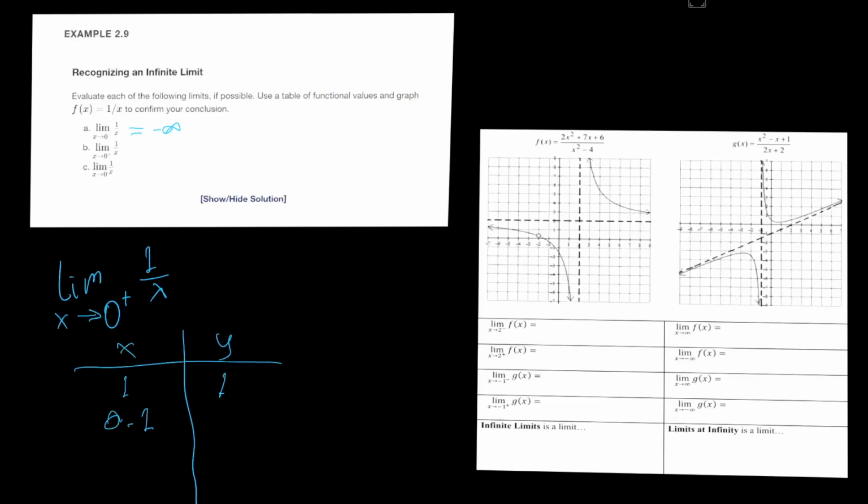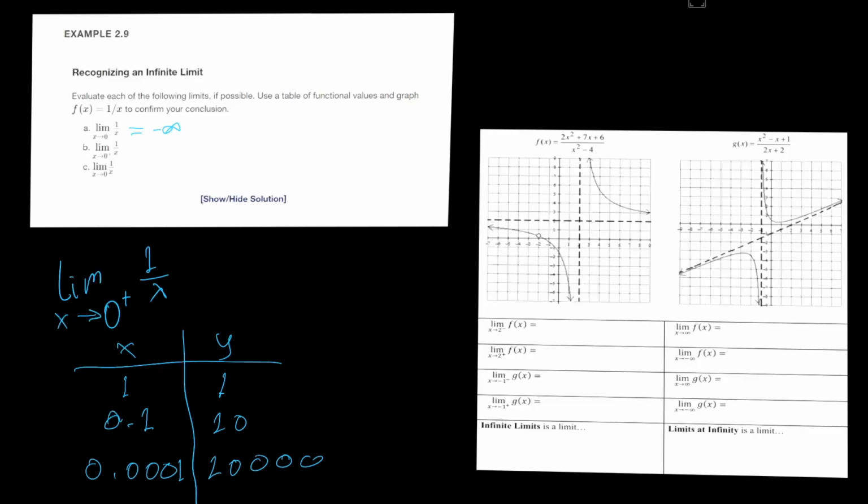Now let's try and find the limit as x approaches 0 from the positive side, or the right side, of 1 over x. So basically we're going to be drawing a table again. X, y, let's start with 1. y is just going to be 1 as well. When x is 0.1, y is going to be 10. When x is 0.0001, y is going to be 10,000.